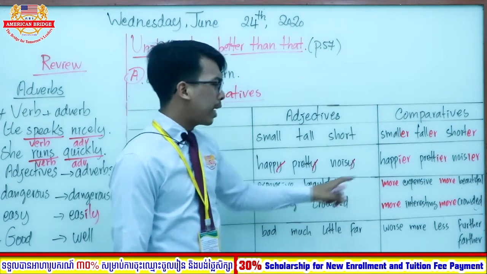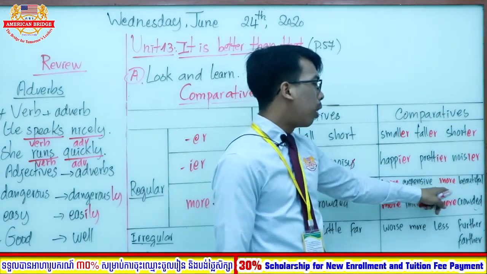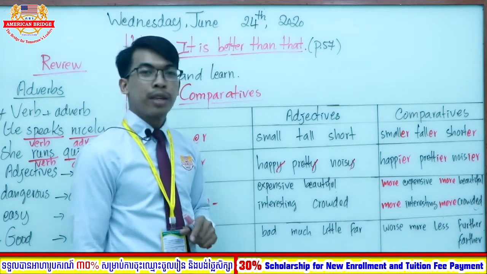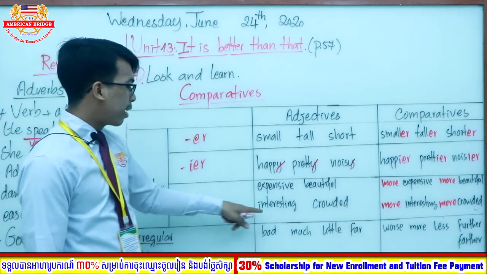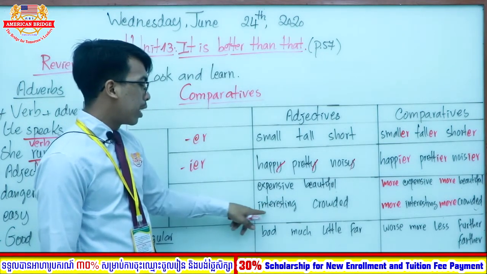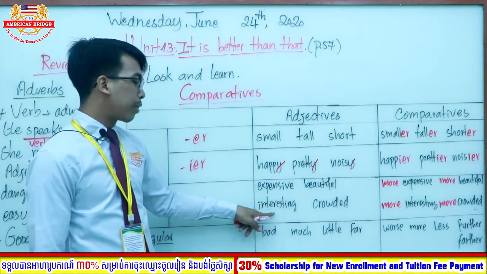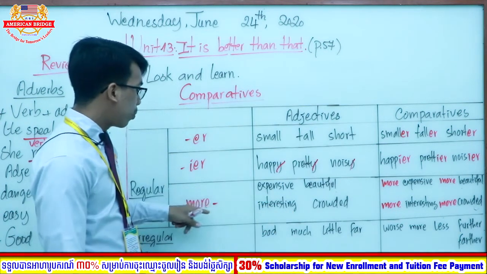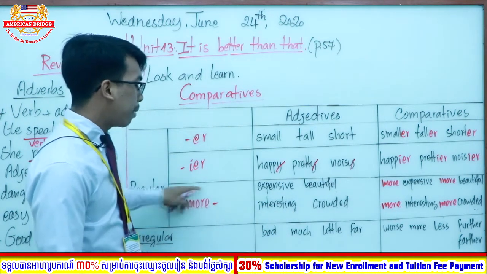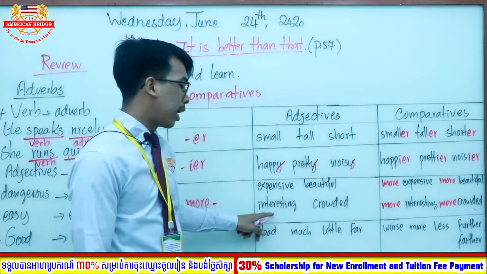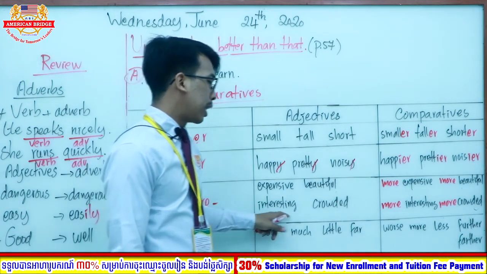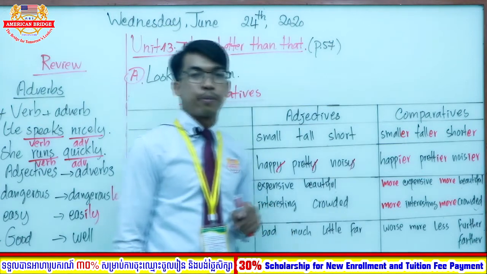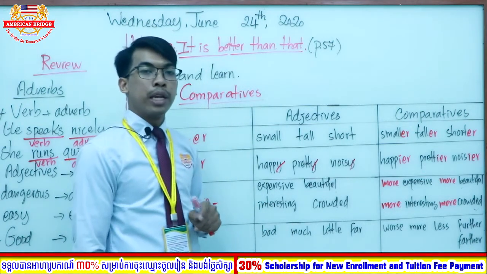So we just add the word more: more beautiful. All right, good. So next, interesting. Okay, 3 syllables. So we just add the word more at the beginning of the adjective. Interesting. So more interesting. All right, more interesting.